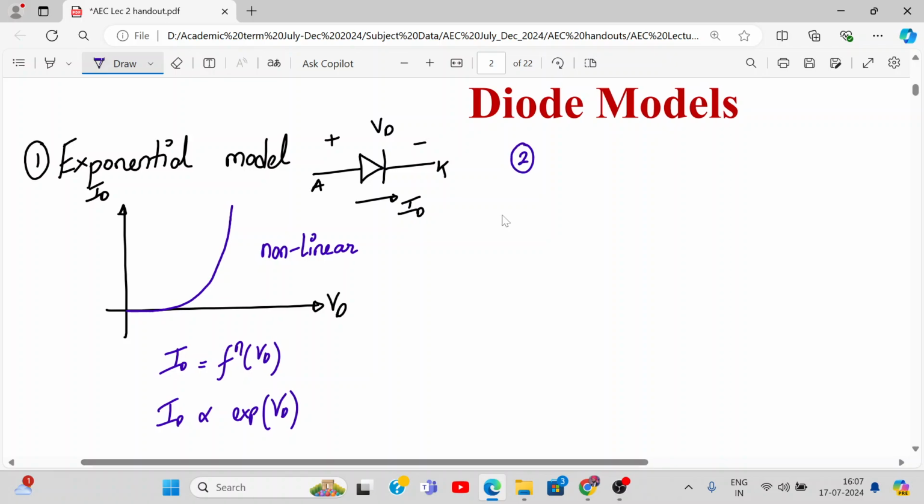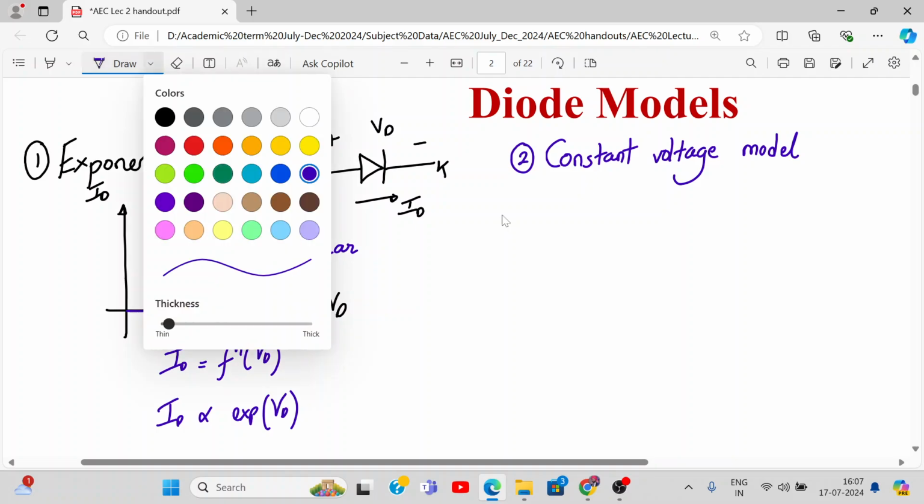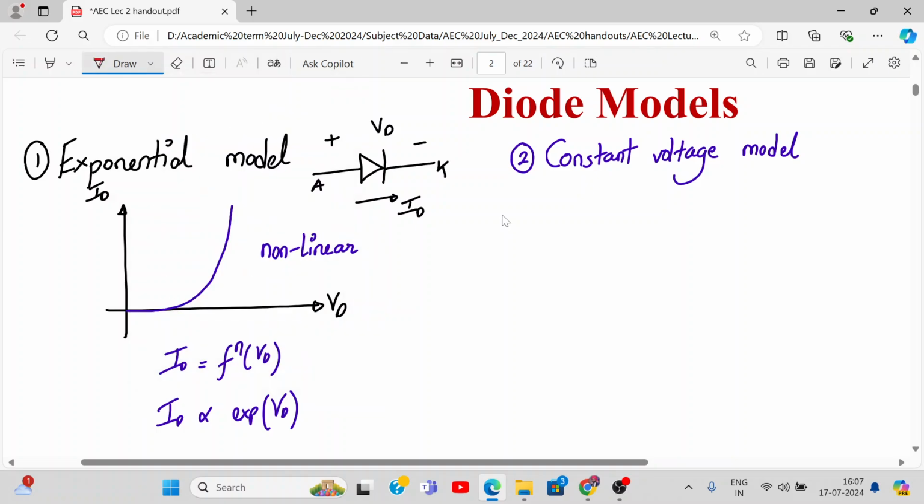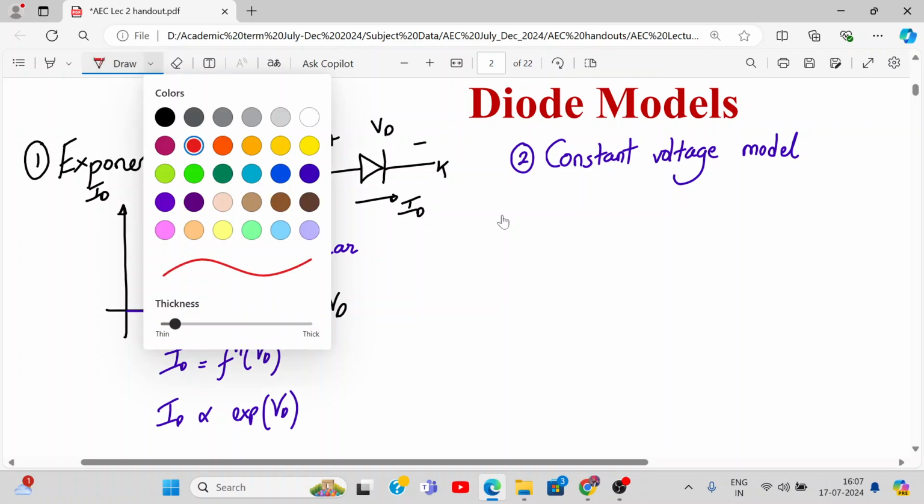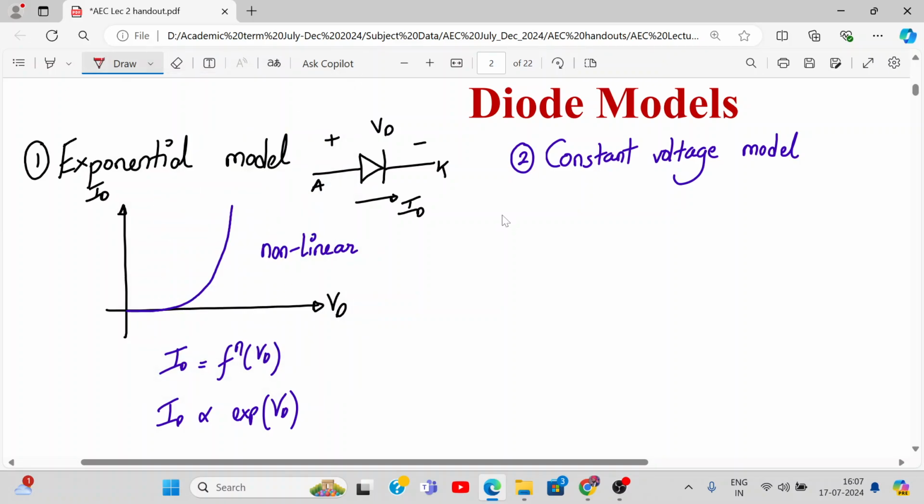The second one was the constant voltage model. What was the constant voltage model saying? That if you have this characteristics, now let me draw it here itself. How it's supposed to look, like this, correct?